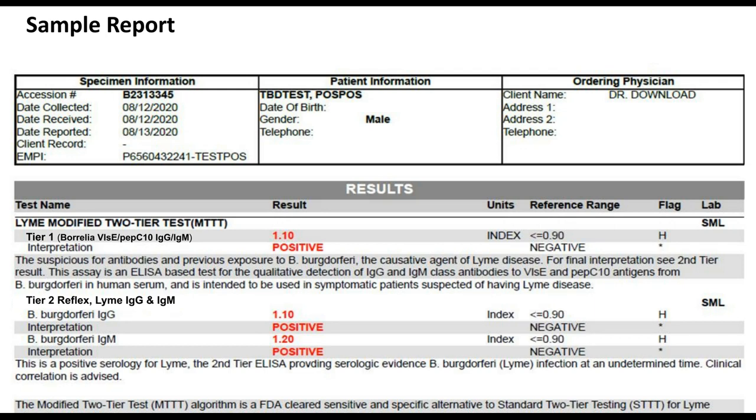And then even below that, because tier 1 was positive, tier 2 gets done. Tier 1 uses an ELISA that combines IgG and IgM. Tier 2 separates IgG and IgM, so there are more lines or more reports on that. But this is an example of what a test result, a report back to your clinician, back to your EMR, whatever, would look like.